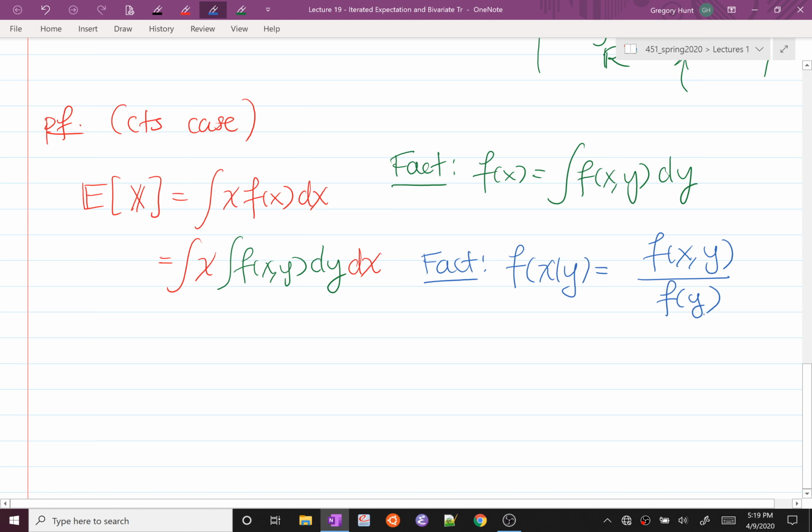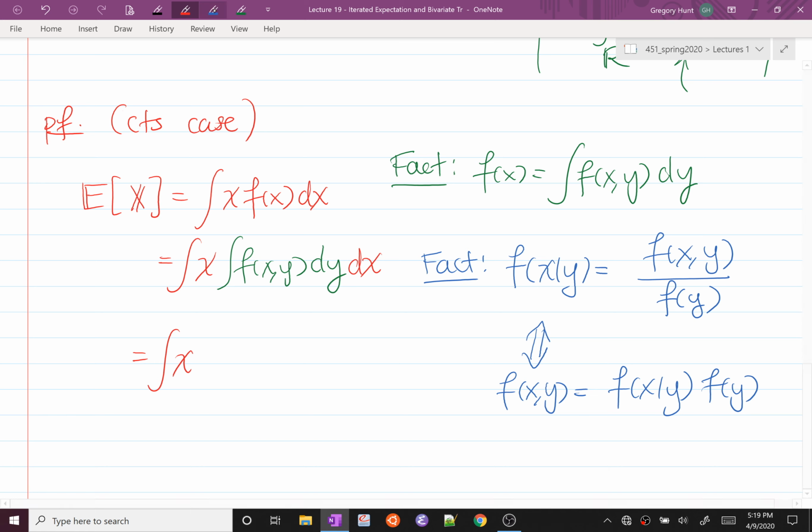So f of x given y is f of x, y over f of y. And we could alternatively rearrange this and say, equivalently, f of x, y is f of x given y times f of y.